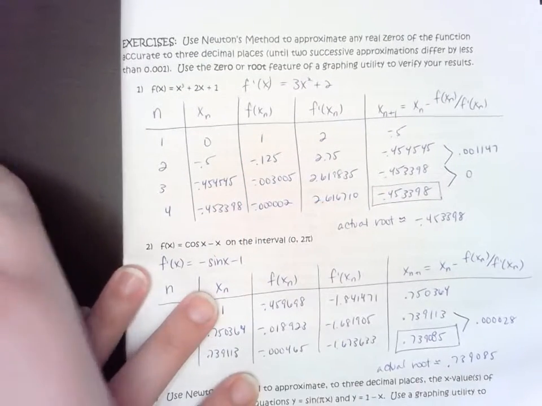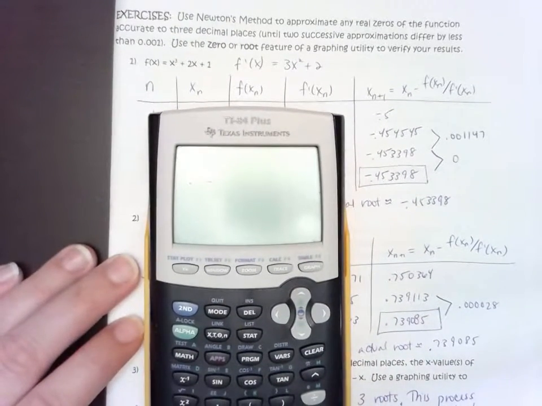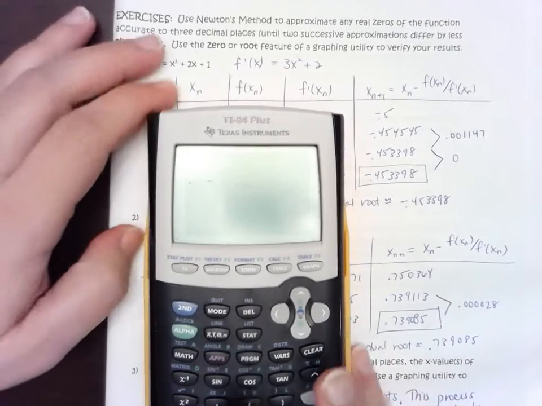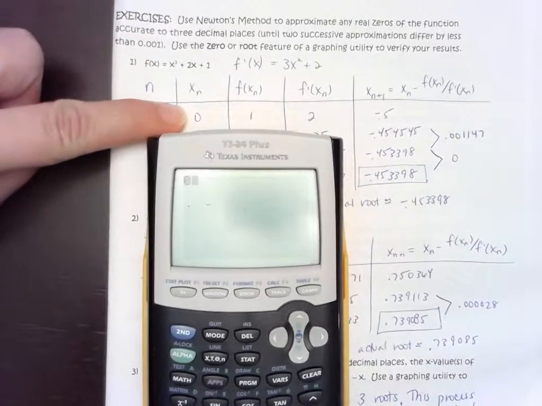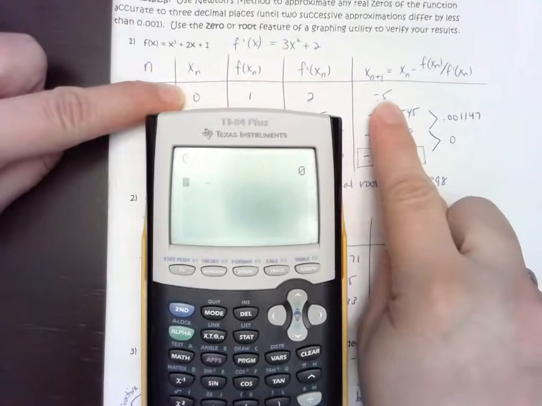Okay, a quick check. If I was doing your test, just a little hint, I would take my first guess, I would store that into x, and then I would go immediately to this column.